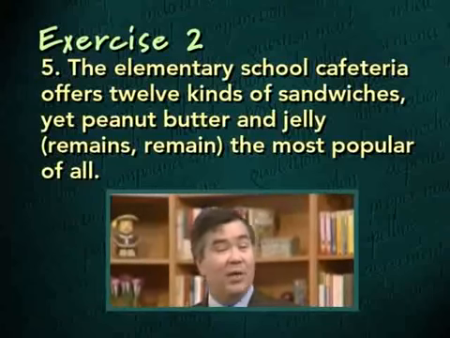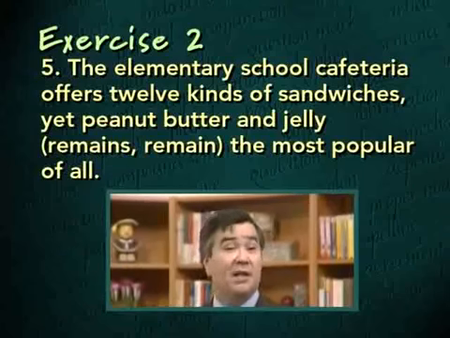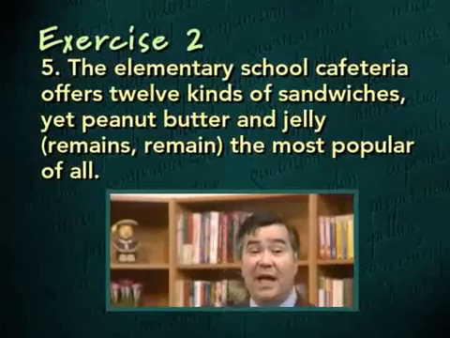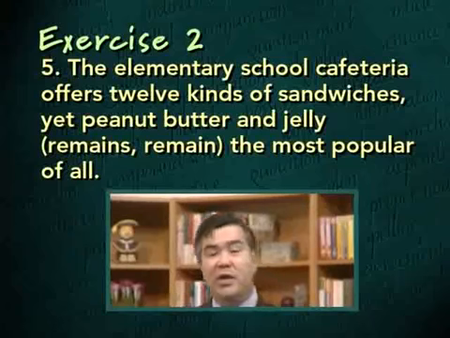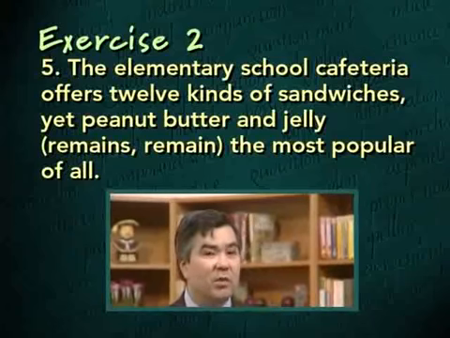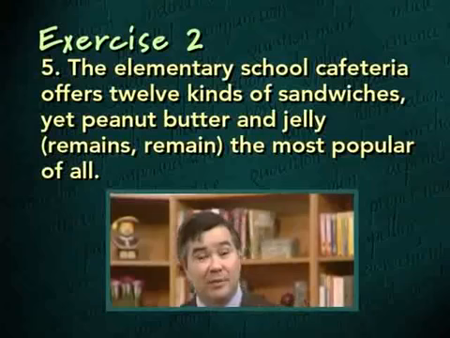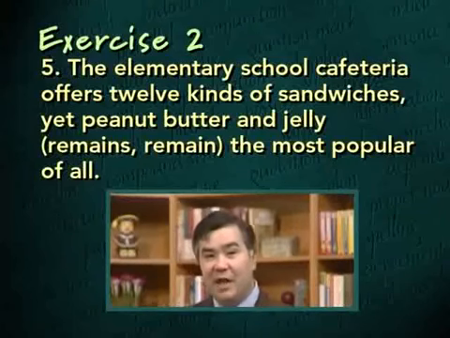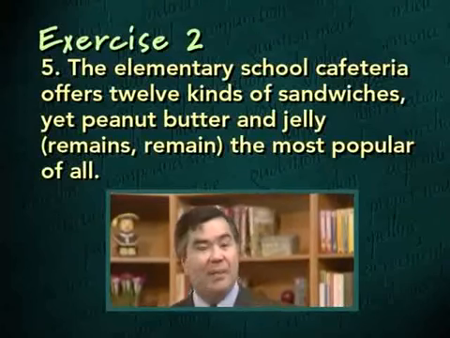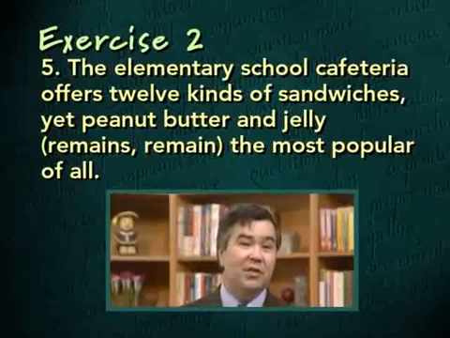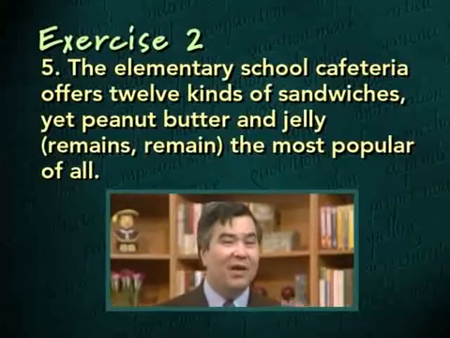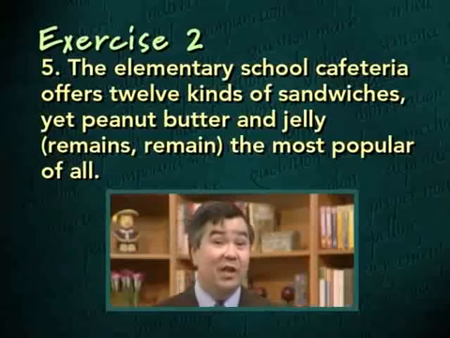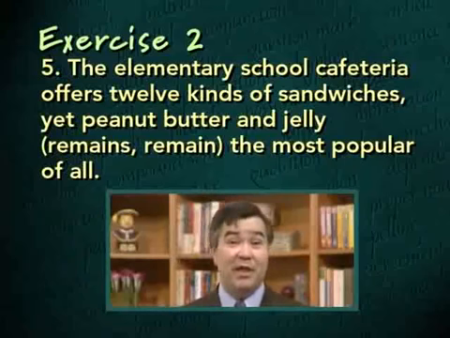Remember that in a few instances, the two parts of a compound subject joined by and really go together to form a single thing. We saw the example of the skull and crossbones, which formed a single symbol. In this case, we have another example of a compound subject which really amounts to a single thing. Peanut butter and jelly is one kind of sandwich, one recipe, if you will. It's a single dish rather than two separate things.